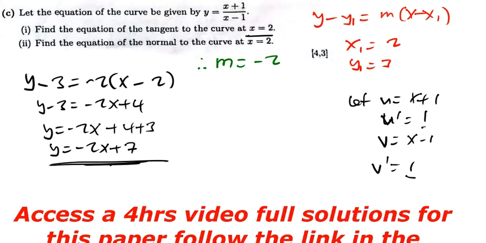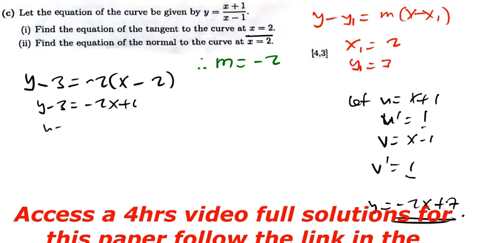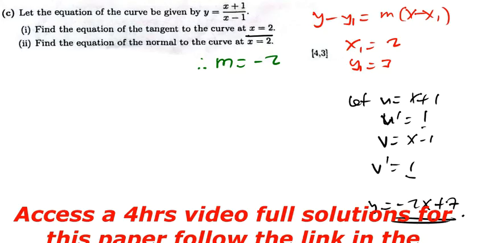Okay, now how do you find the equation of the normal? I've solved the first part, the equation of the tangent. The equation of the normal, the only thing which is going to change is the gradient. So you have to find gradient 2. This is the first gradient you found, that is the gradient for the equation of the tangent.